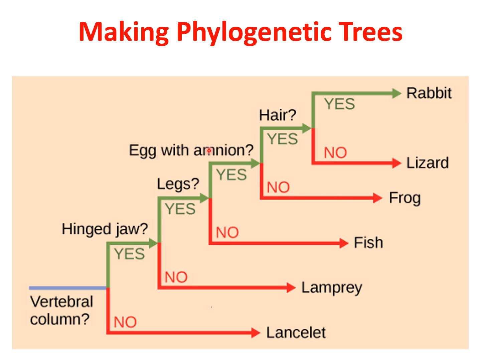And then you want to look at, well, do they have an amniotic sac around their egg or fetus? So frogs do not, but everything else listed above does. And then you want to look, well, do they have hair or not? Well, lizards, being reptiles, do not have hair, but rabbits do.